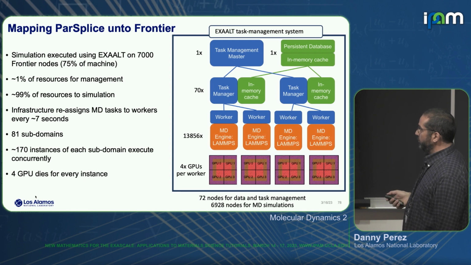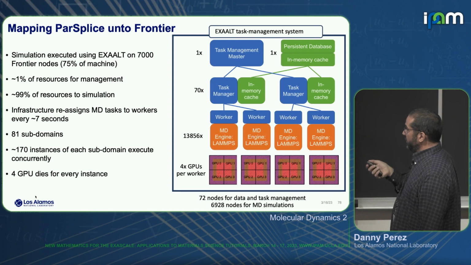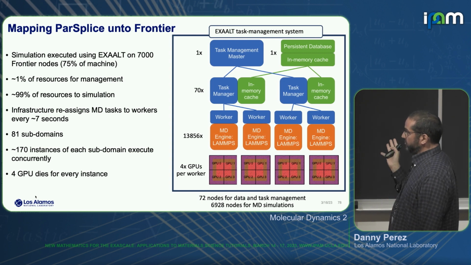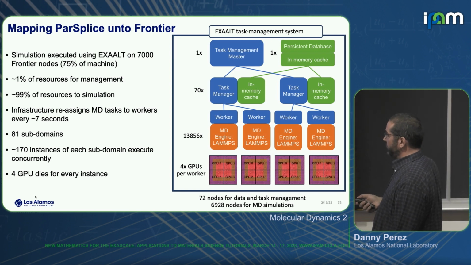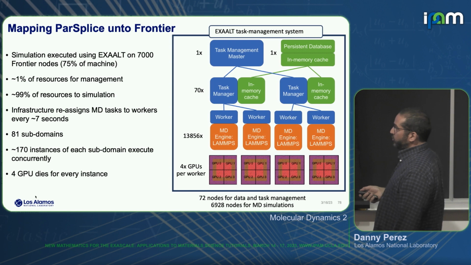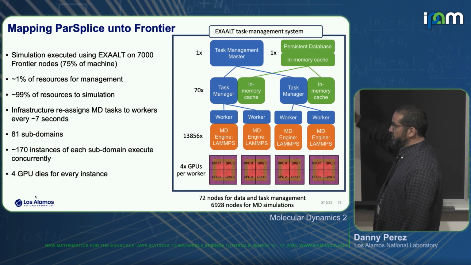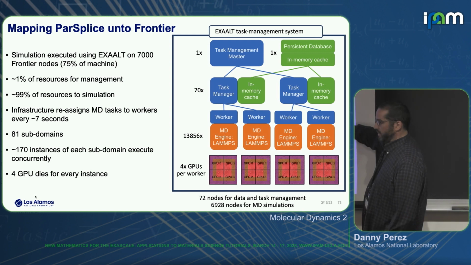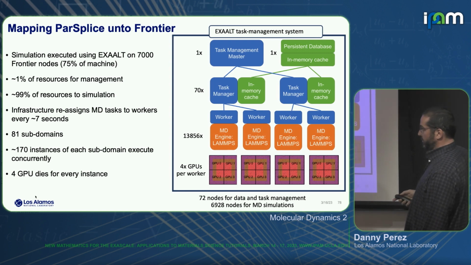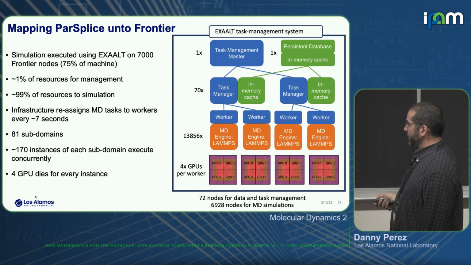So we recently ran on Frontier, the first Exascale machine. With this kind of hierarchical infrastructure, we were able to scale up to the chunk of the machine we had access to at the time, which was 75% of the machine. We had about 1% of the resources dedicated to managing the data and the tasks and moving stuff around, and about 99% of the rest were just down here crunching MD with LAMMPS.